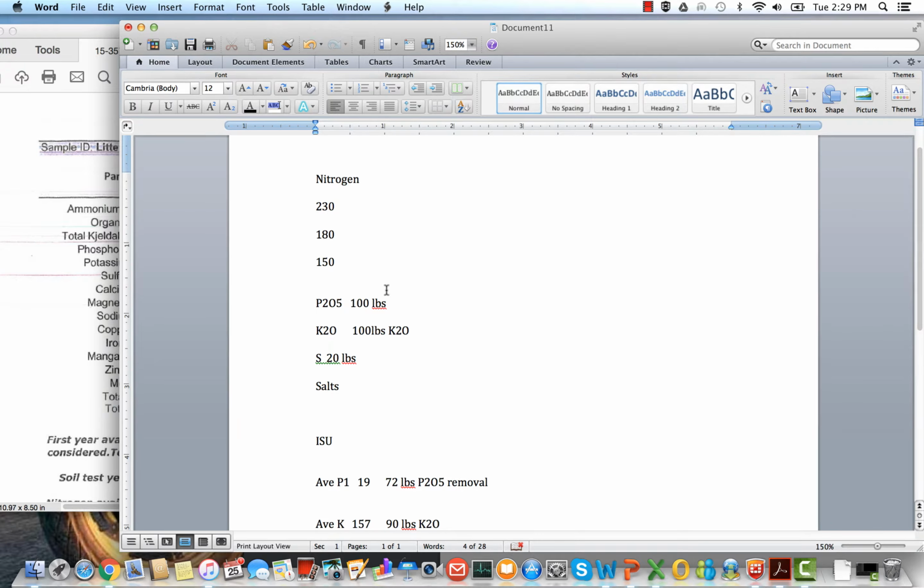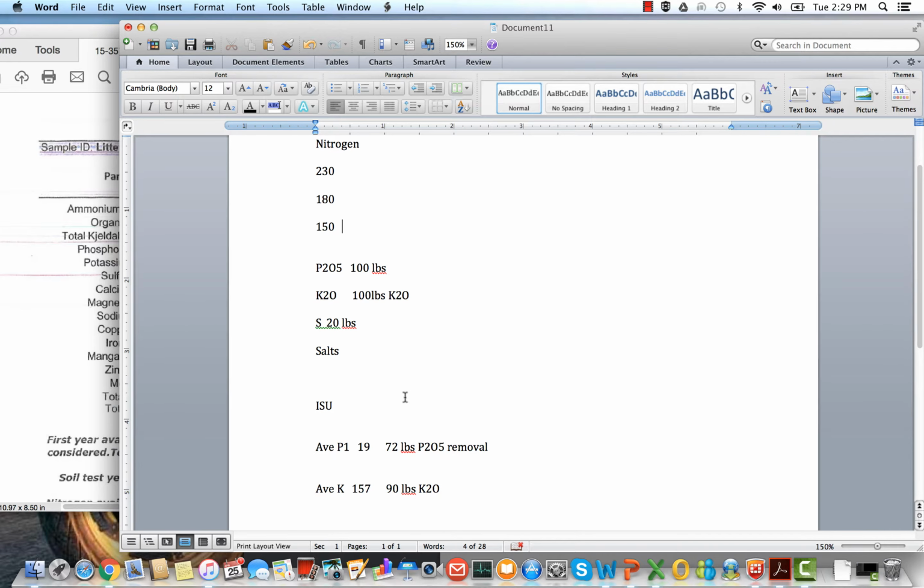We've got the lab's recommendations for P2O5, K2O, sulfur, assuming that we're going to flat rate the whole field. If we've got the ability to zone it, then of course we'd have multiple recommendations because there's quite a bit of variation there.